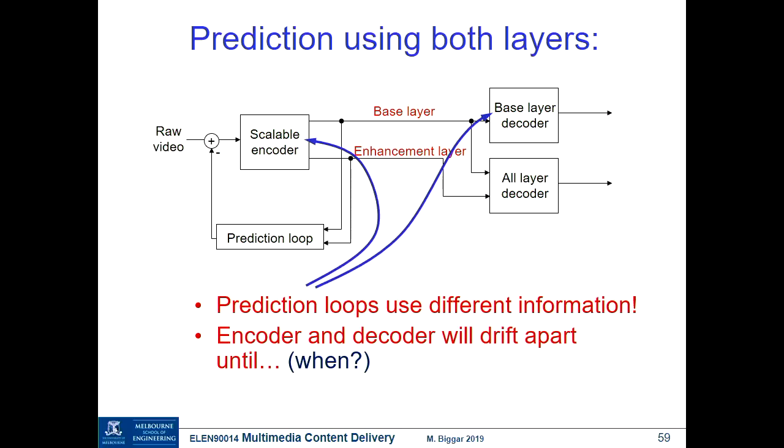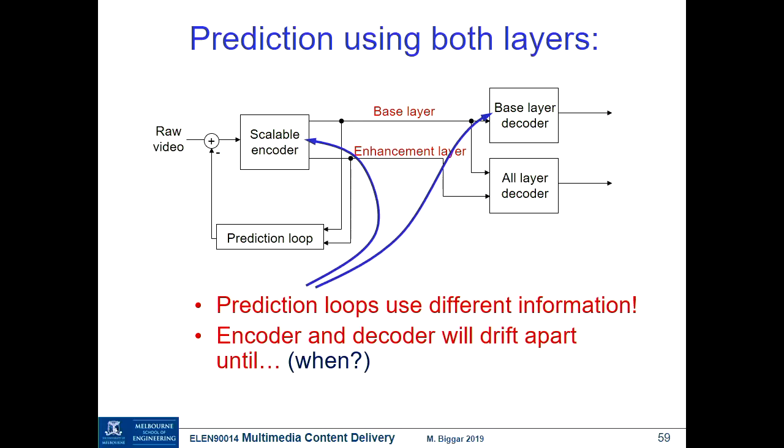I haven't got a video to illustrate this. It's a lot of trouble to implement a combination that does this, but I'm hoping that you can imagine what's going to happen. So after the first frame, say, we've got an I picture, which both of them decode. There's no prediction involved. Then for the very next frame, this base layer decoder has slightly different information for its prediction than this one, because this one's using the high detail.